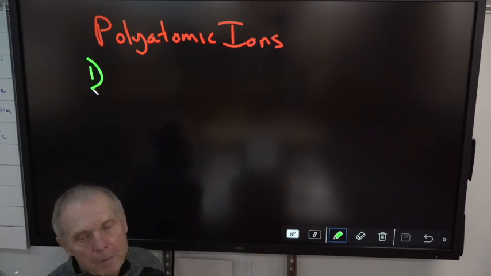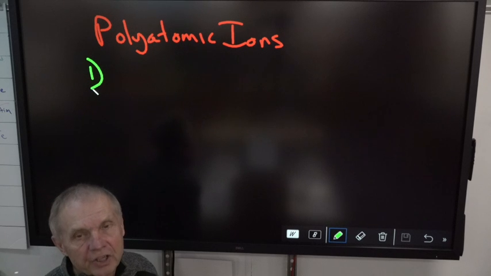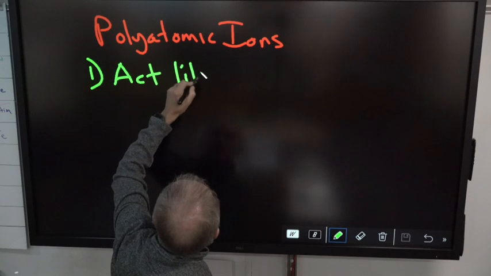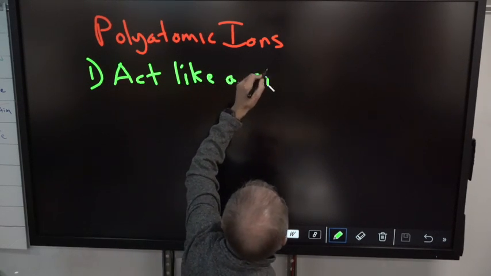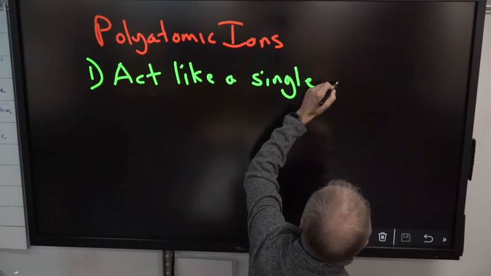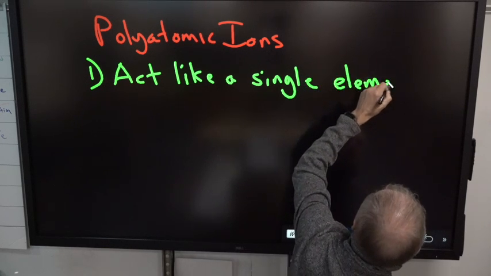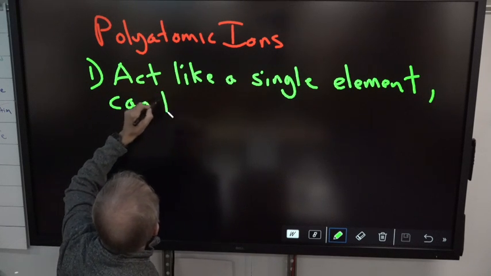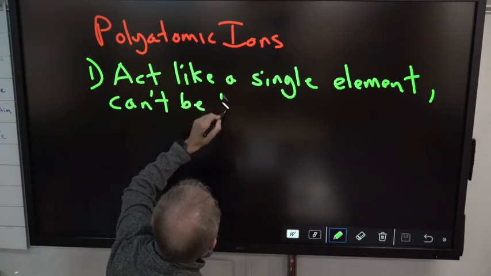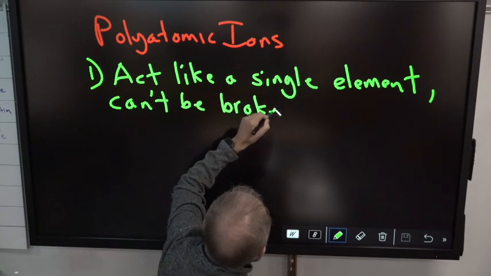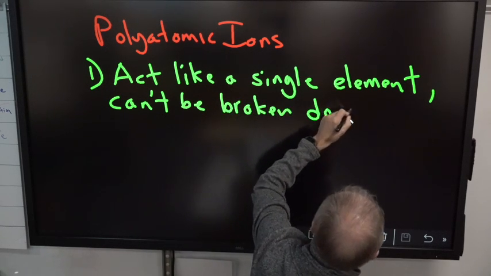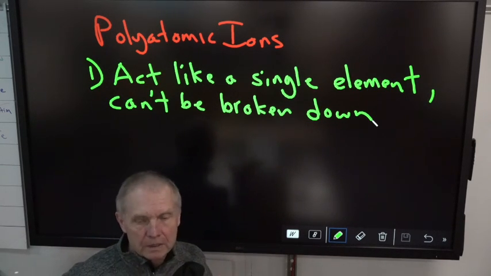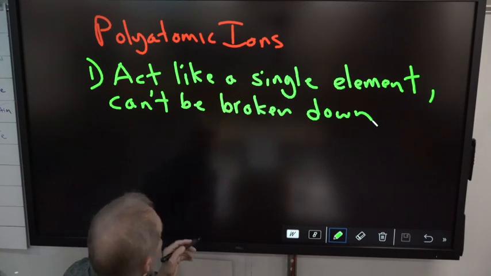So, for number 1 about polyatomic ions, they act like a single element, and you can't break them down. You can't break them apart. That's the big one. All right, that's number 1.